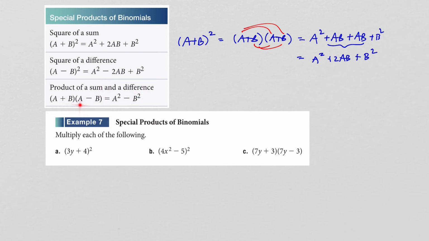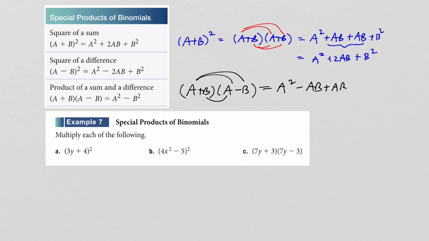So basically what you have here is a plus b multiplied by a minus b. So what happens here is when you multiply this out, you get a squared, and then we get minus ab. Multiplying here, we get plus ab, and multiplying here, we get minus b squared. And so these end up canceling out, and we get a squared minus b squared, which is what you see here.